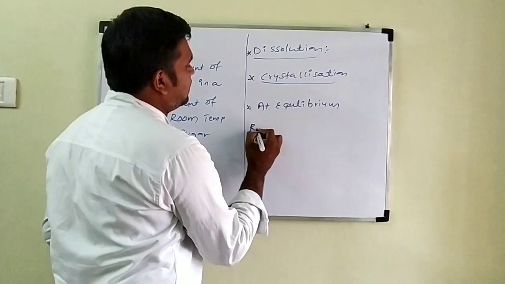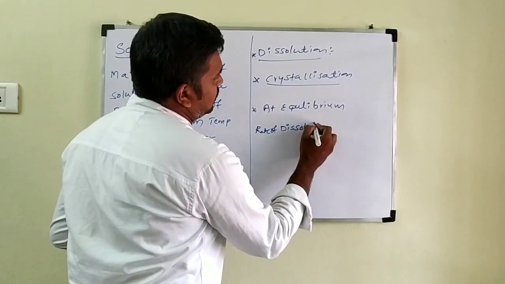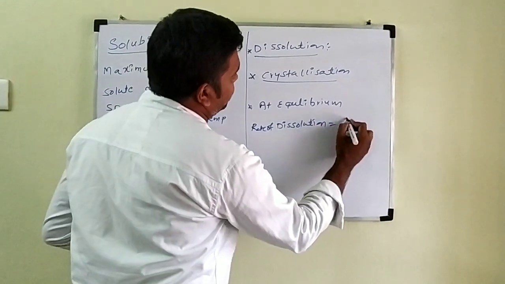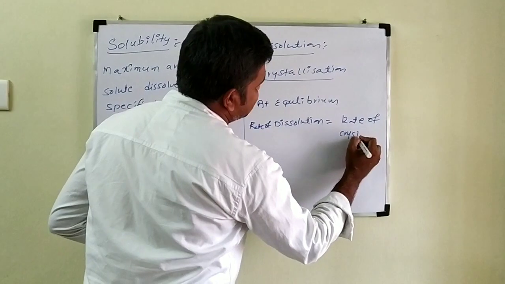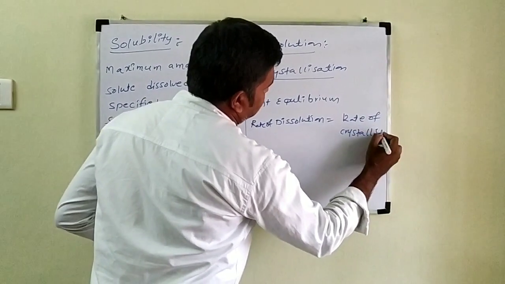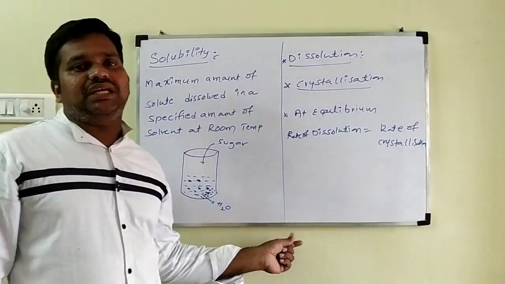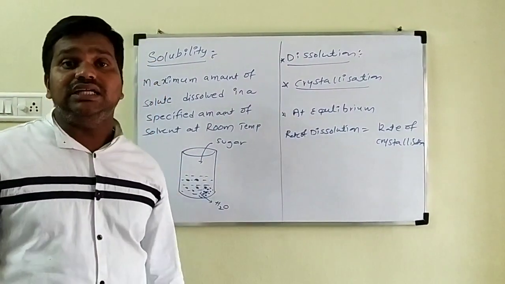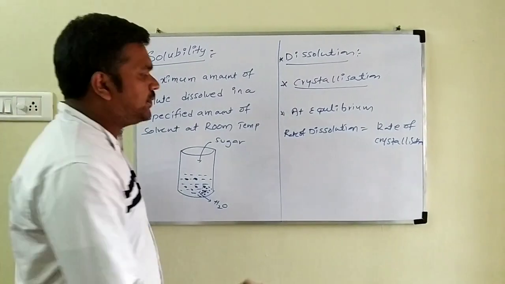At equilibrium, rate of dissolution is equal to a rate of crystallization. So from this concept we have to derive three types of the solution.